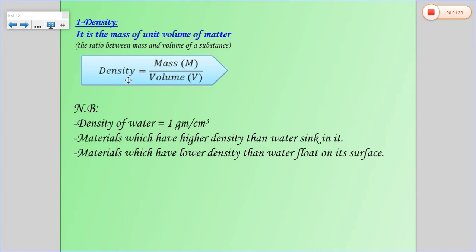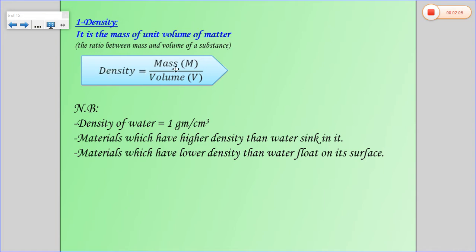You have to know that each pure matter has its own density. For example, the density of water is 1 gram per centimeter cube. The unit of density is gram per centimeter cube because mass is measured by gram and volume by centimeter cube.